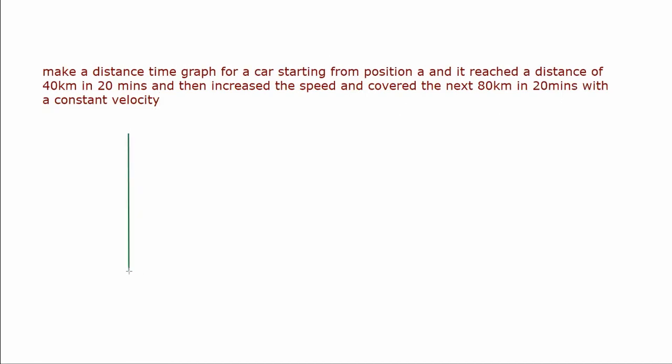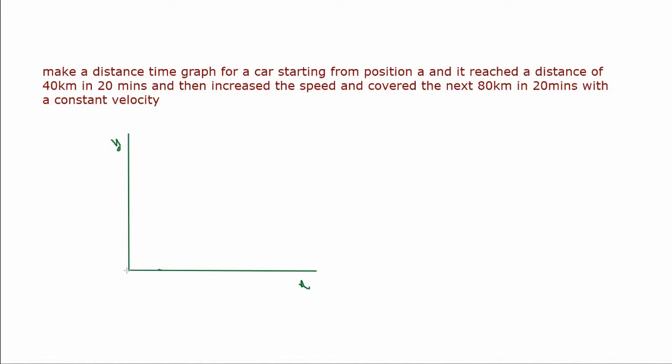So on the x-axis, the horizontal axis is the x-axis and this is the y-axis. The statement says to make a distance time graph for a car starting from rest.